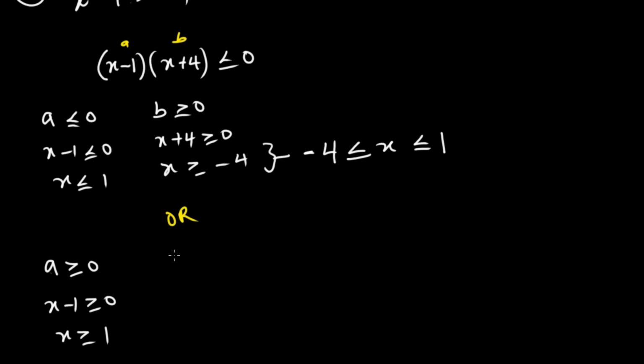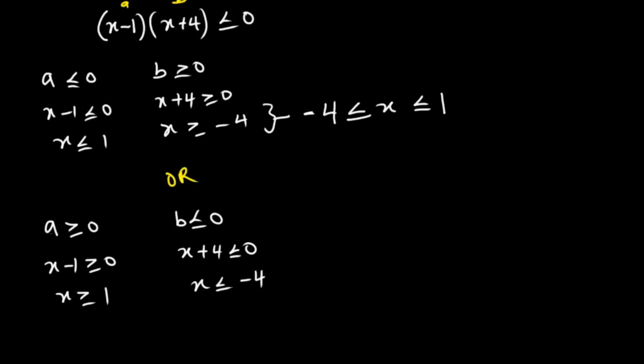And b less than or equal to 0. The statement for b is x plus 4 less than or equal to 0, and then we have x less than or equal to negative 4.